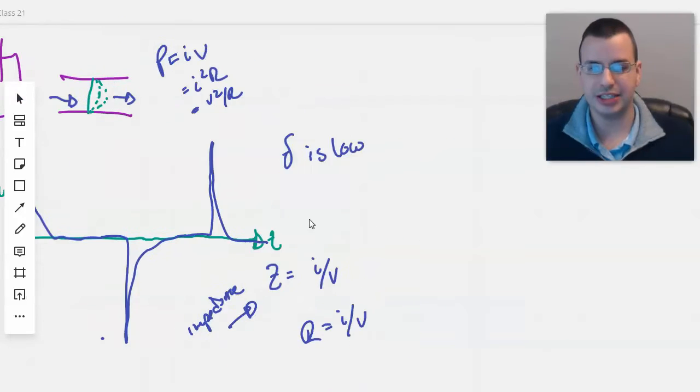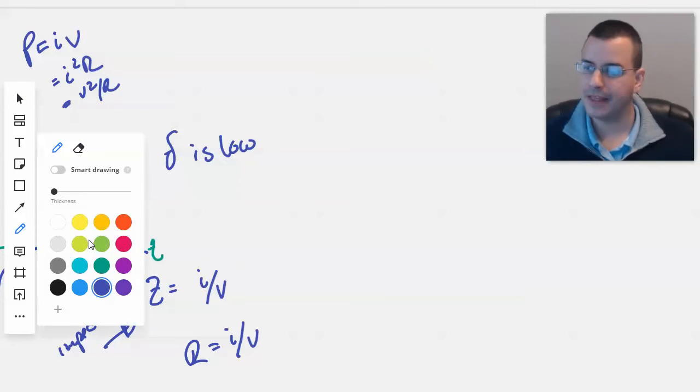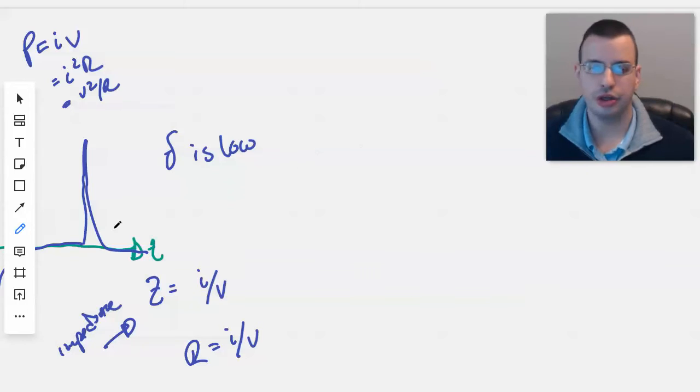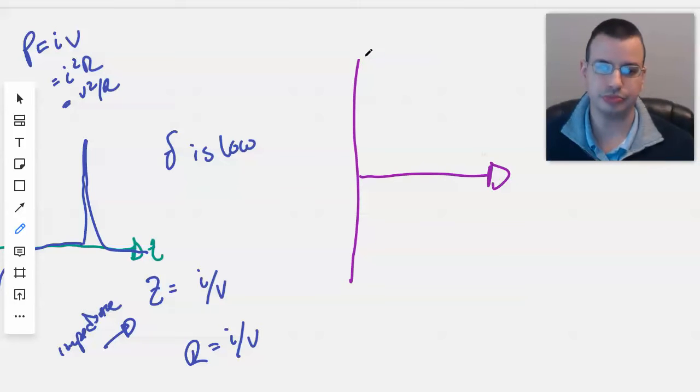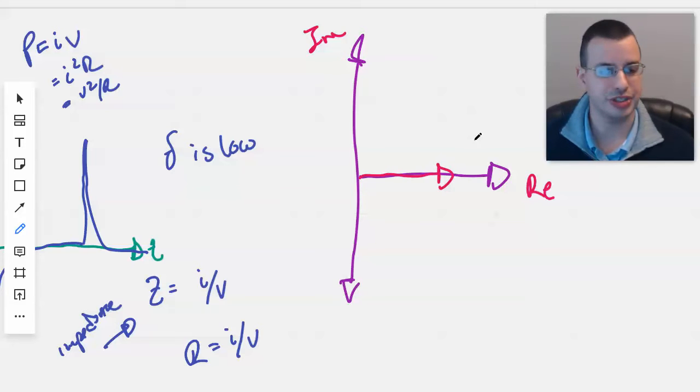So the way this is modeled is using imaginary numbers. So let's say here, this will be real, this will be imaginary, and so resistance is measured on the real axis, real resistance.